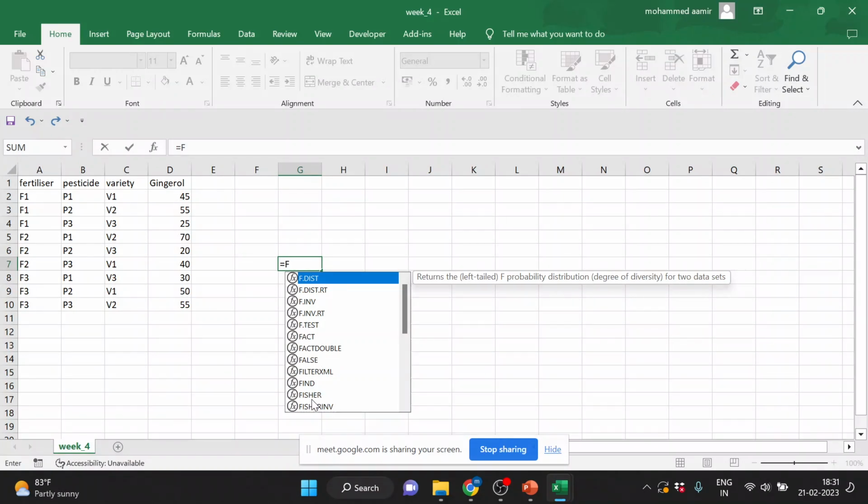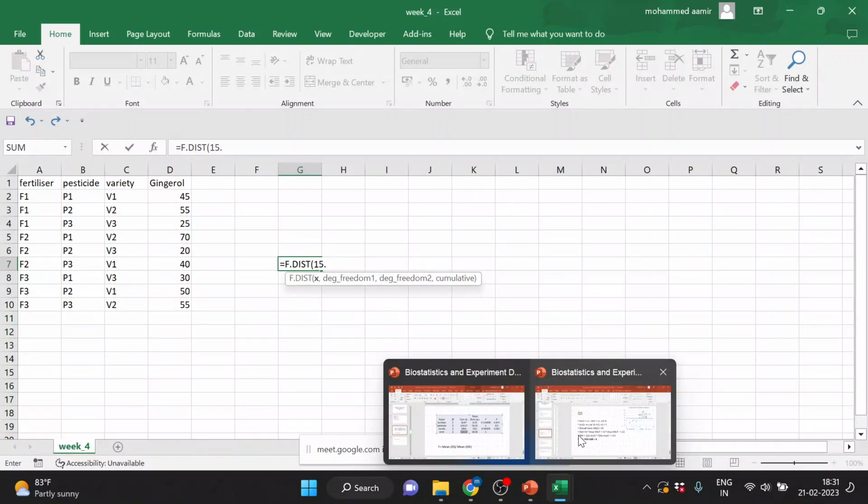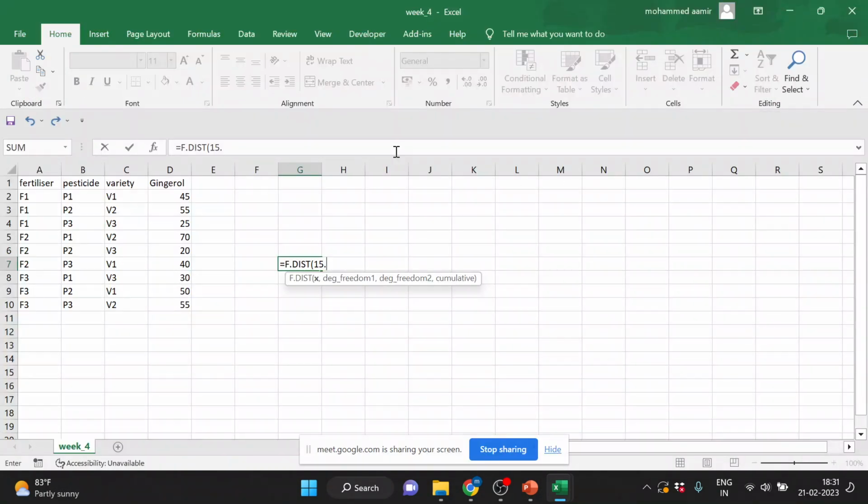F test? No, not F test, I have to give my arrays, and I know my F value. I need F dist. Yeah. The value was 15.85, and 8 comma 2. Too few arguments. What is cumulative?